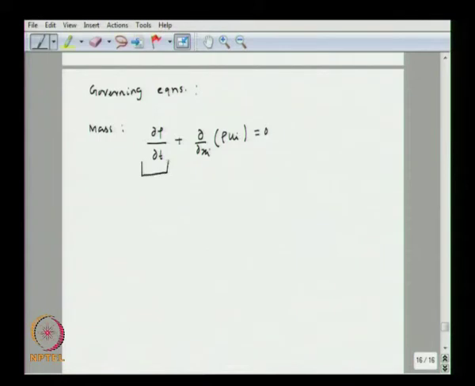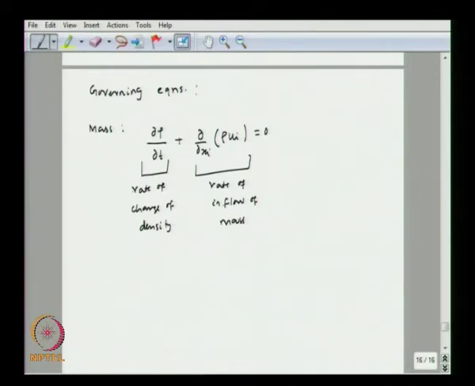The first term is the rate of change of density, the second term is the rate of influx or outflux of mass, so the rate of inflow of mass.